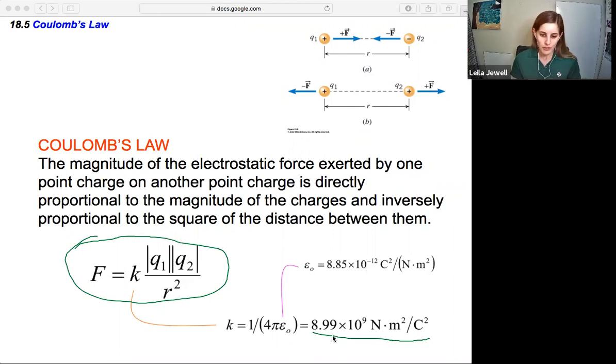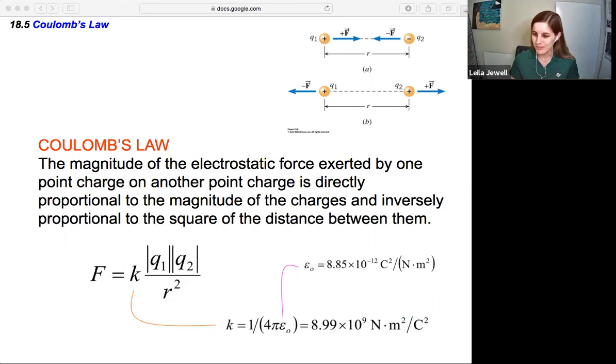I prefer to often work in terms of K. I think K is a little bit simpler. Then you don't have to worry about the 4 pi and keeping it properly in the denominator. So I encourage you to just work with K as written here, and that will allow you to calculate the magnitude of this electrostatic force. Pretty cool. All right, well, let's try it out with an example.